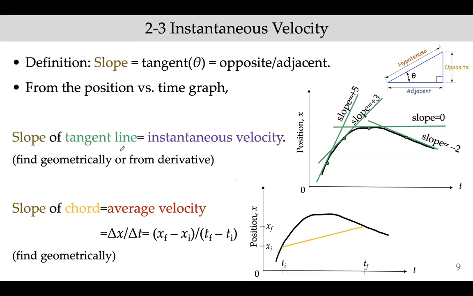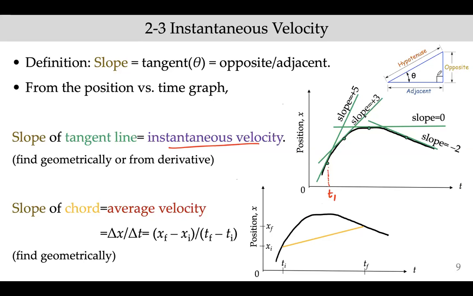So the slope of the tangent line would give you the instantaneous velocity. Okay, so for example, this is position versus time. If you are asking what is the instantaneous velocity at this time, I'm going to call it T1, well, what you would do is you would draw a tangent line, and then calculate the slope of this tangent line.